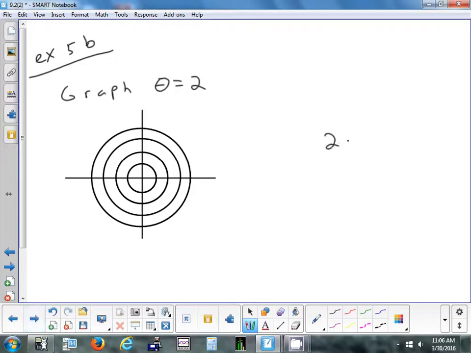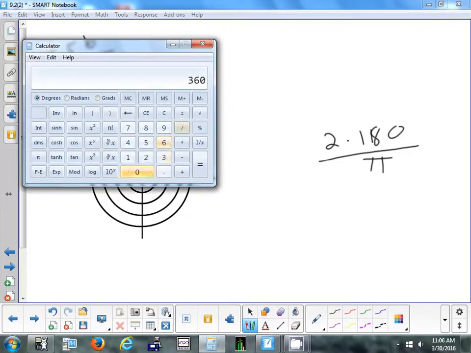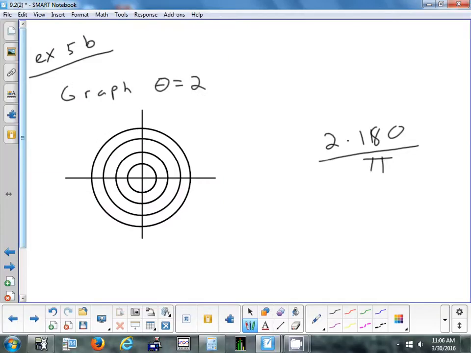Just to get an idea of how many degrees that is, let's convert it. I'll multiply by 180, divide by pi. So that's 360 divided by pi, it's roughly 114 degrees. So I want you to graph every single point that has an angle of 114 degrees and a radius of 2.